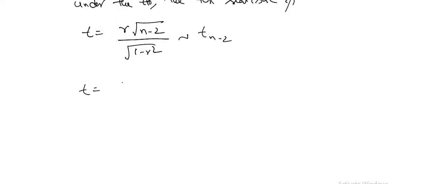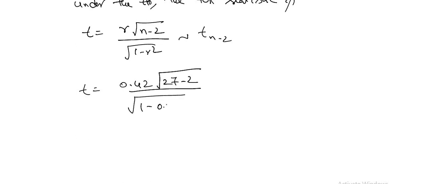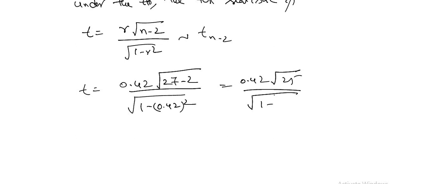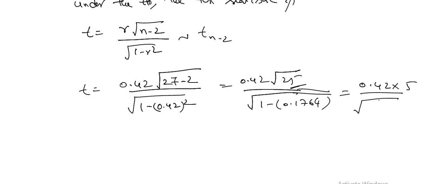Now calculate. r is 0.42, n is 27, so 27 minus 2 is 25. So t equals 0.42 into root 25 by root of 1 minus 0.42 whole squared. 0.42 squared is 0.1764. Root 25 is 5. So 0.42 into 5 by root of 1 minus that value.